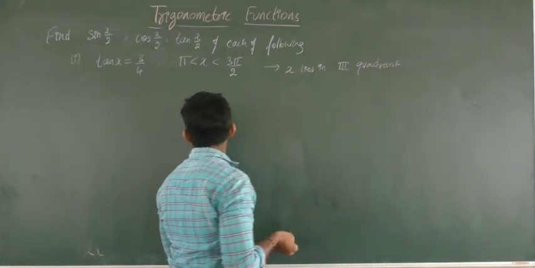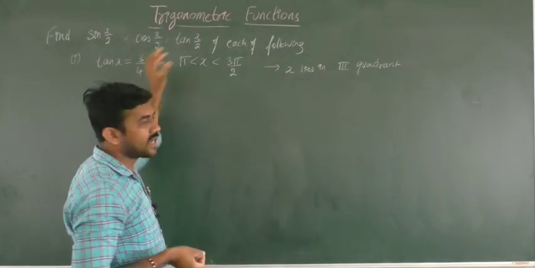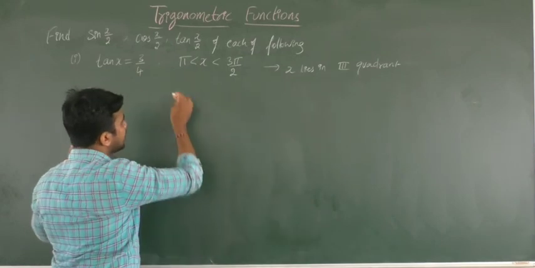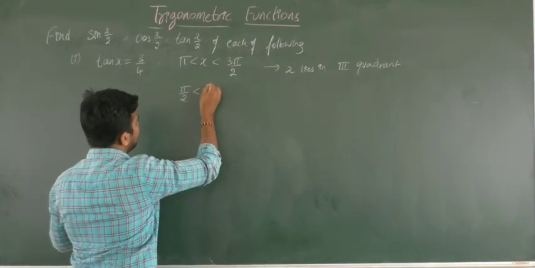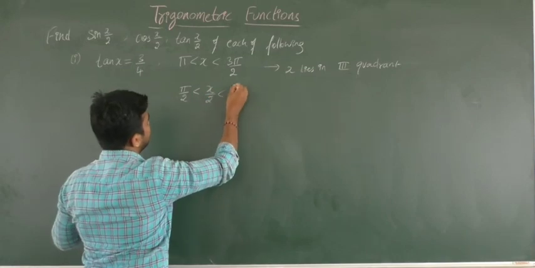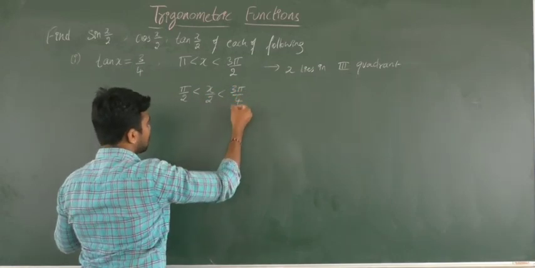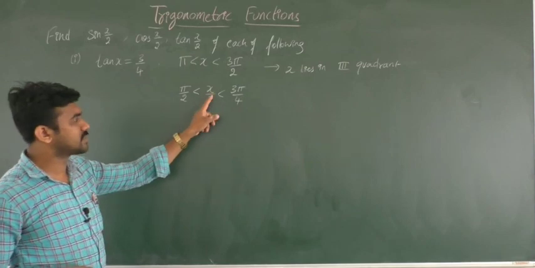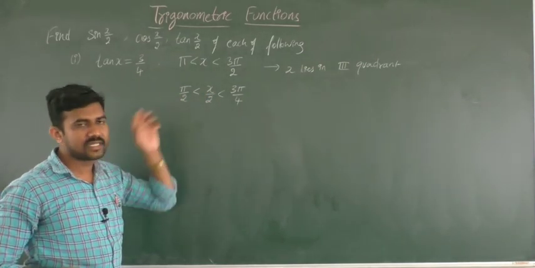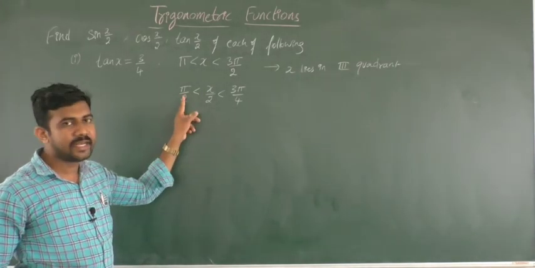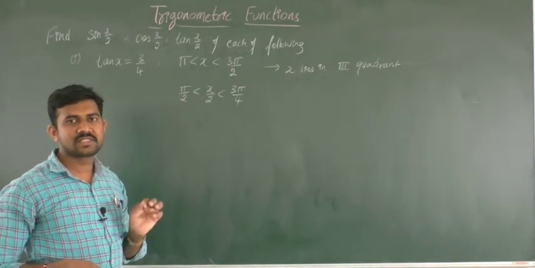Okay, and we want the angle x by 2, so divide each term by 2, then we will get pi by 2 less than x by 2 less than 3 pi by 4. So in this case x by 2, you can observe, lies between pi by 2 and 3 pi by 4. Pi by 2 means 90 degrees, 3 pi by 4 means 135 degrees.